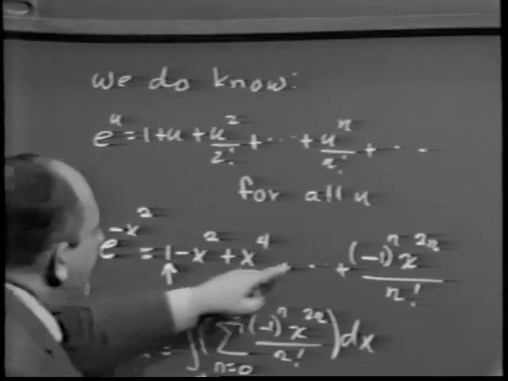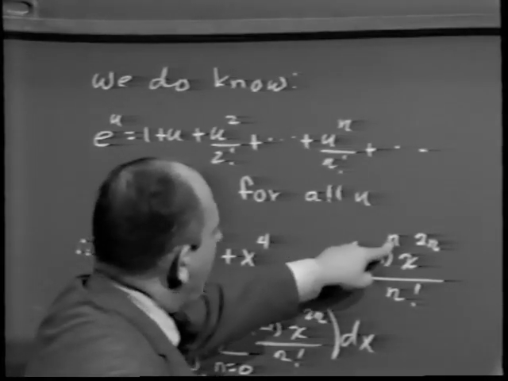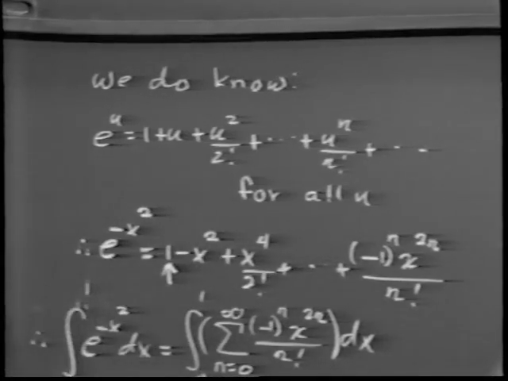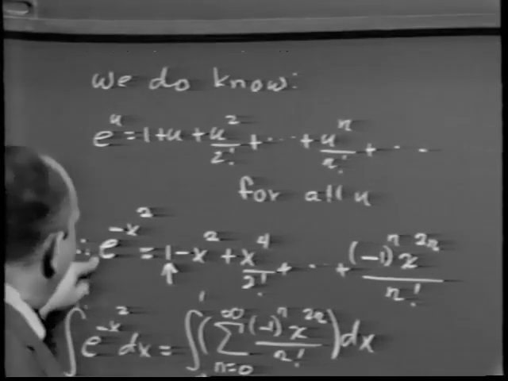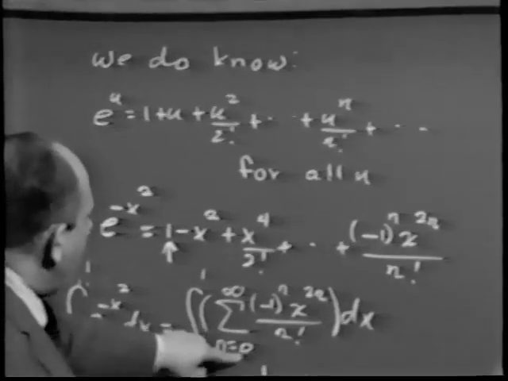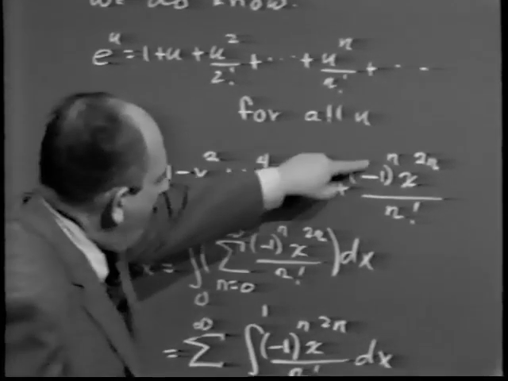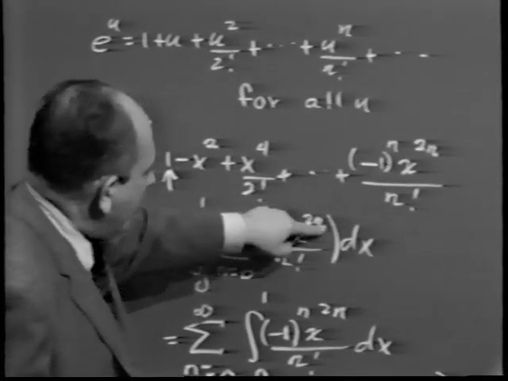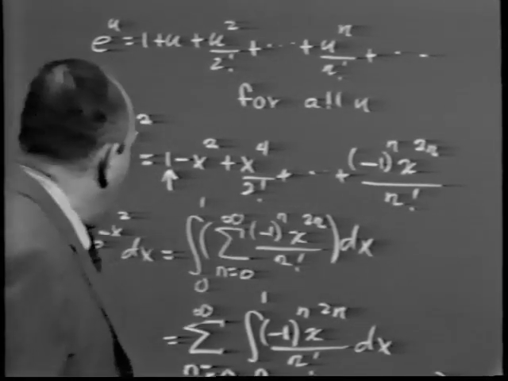When n is 0, minus 1 to the 0 is positive, and I want the first term to be positive. At any rate, another way of writing this is that e to the minus x squared is the summation, n goes from 0 to infinity, of minus 1 to the n, x to the 2n over n factorial.